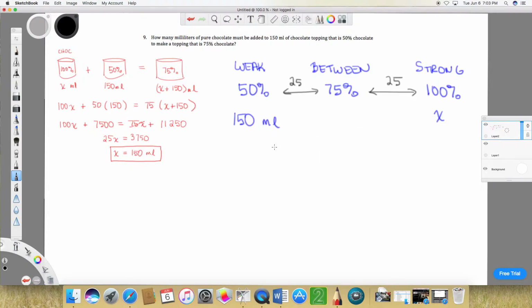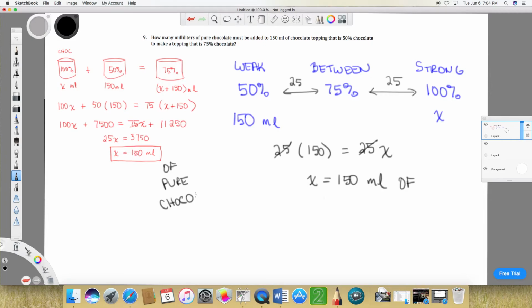So we have 25 times 150 is equal to 25 times x, and if we divide both sides by 25, we get that x is 150 milliliters of pure chocolate. I'm glad they spelled chocolate for me, because I always misspell it.